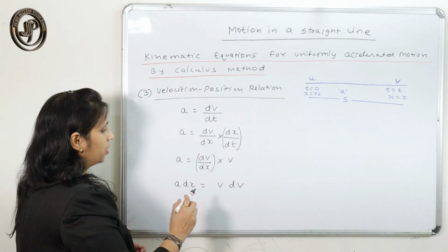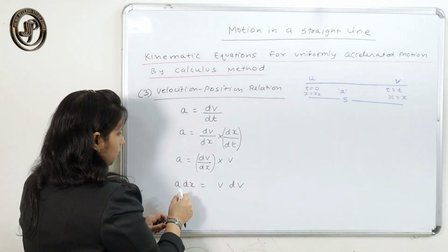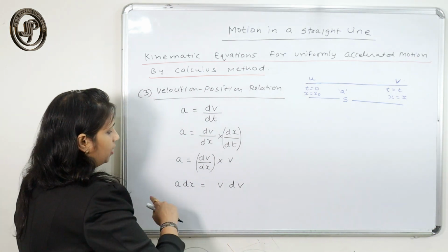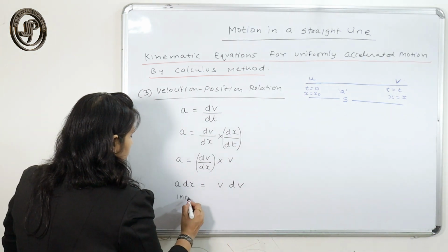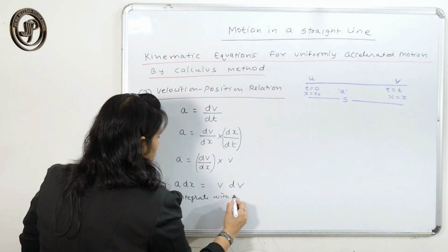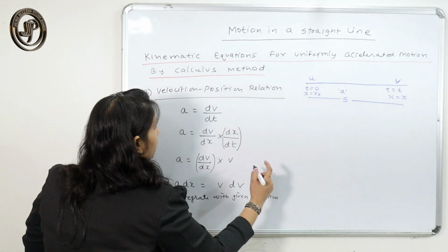If I want to get the full displacement, or the full value of the velocity, then I just need to integrate this within the given condition. So, what is my given condition?